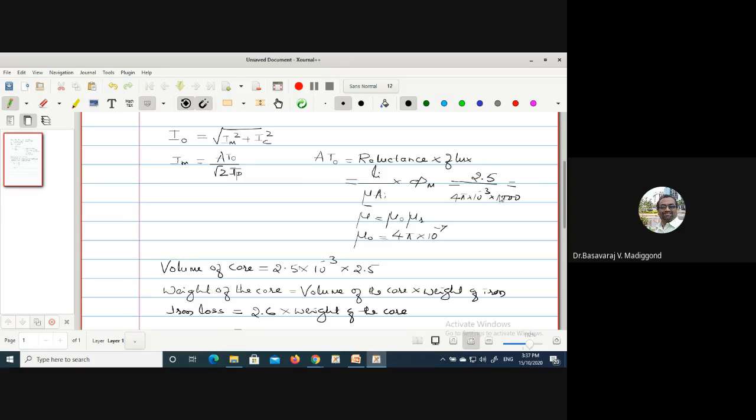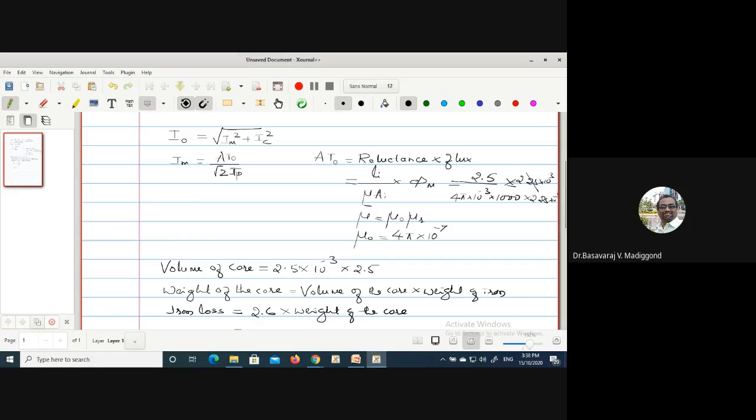So AI is how much? 2.25 into 10 to the power minus 3, into 5m. 5m is 2.25 into 10 to the power minus 3.